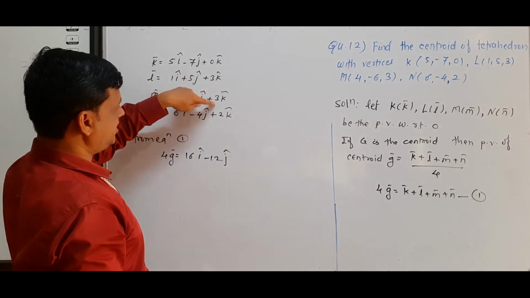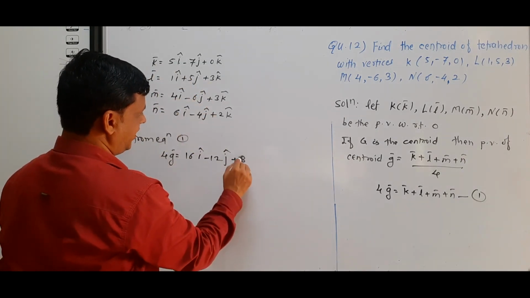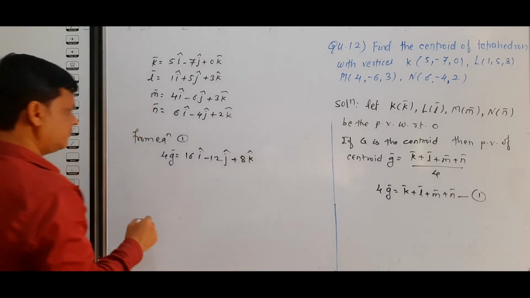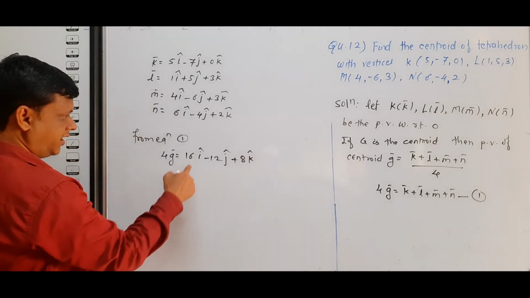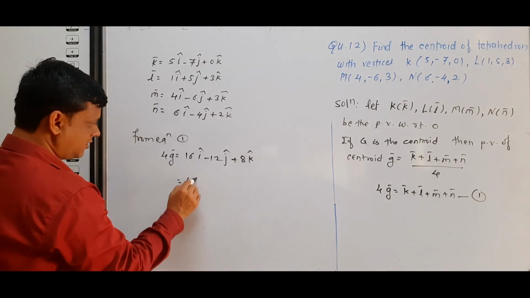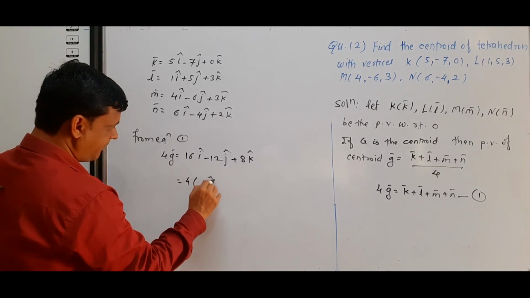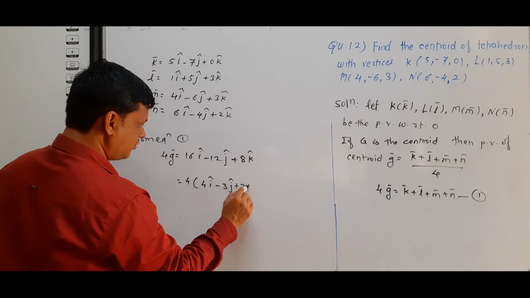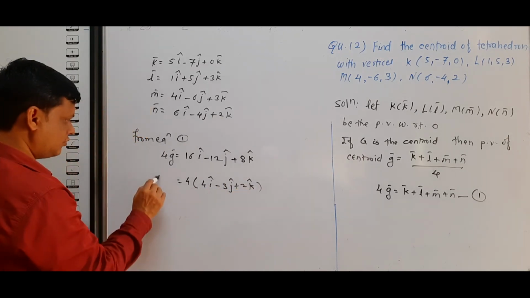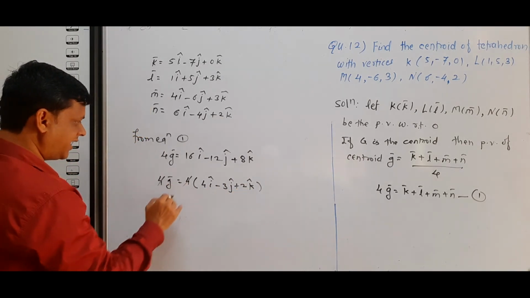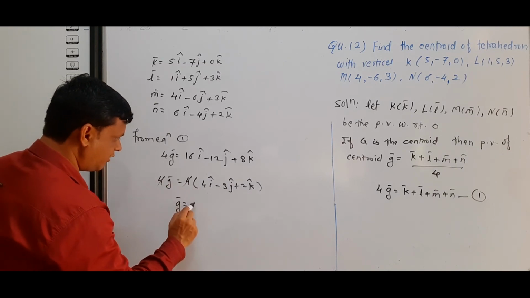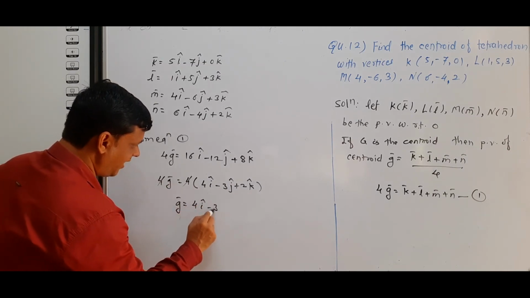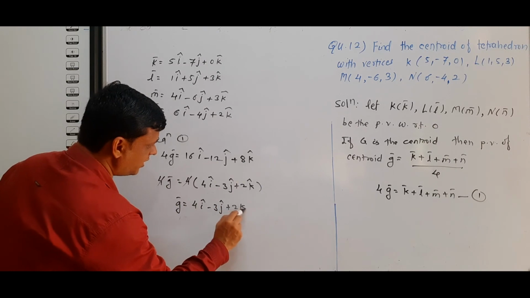Then 3 plus 3 is 6, 6 plus 2 is 8. So we write here 8k. So we take 4 common from RHS. So we write here 4i minus 3j plus 2k. So this 4 gets cancelled. So we write G bar equals 4i minus 3j plus 2k.